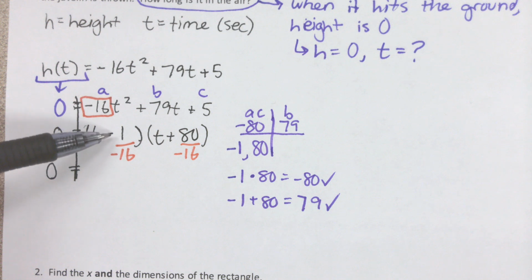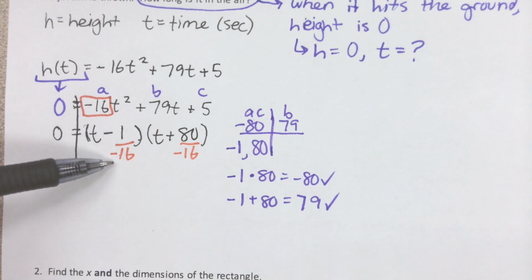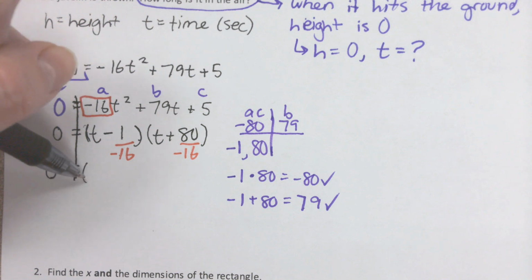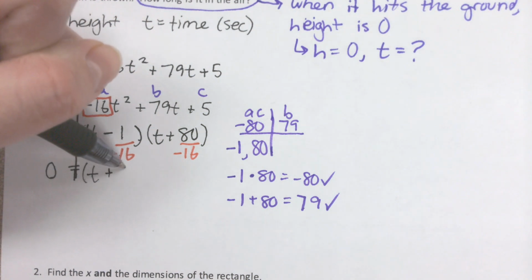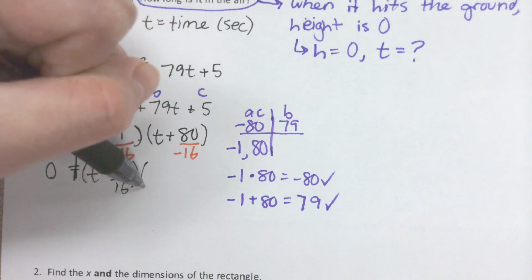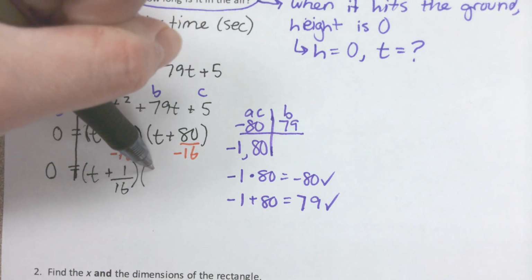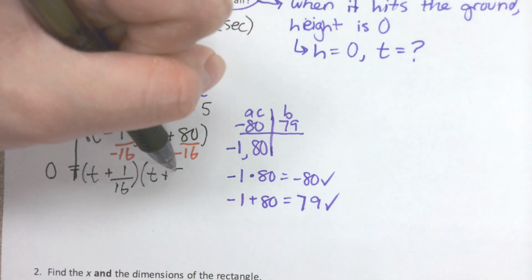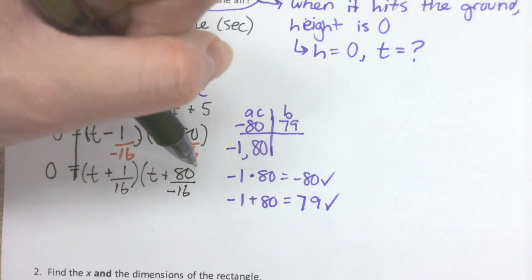Reminder, when I have a fraction and a negative on top and bottom, those are going to cancel and make a plus. So let me fix that real quick. This will become t plus 1 over 16. And then I'll bring this one down, t plus 80 over negative 16.